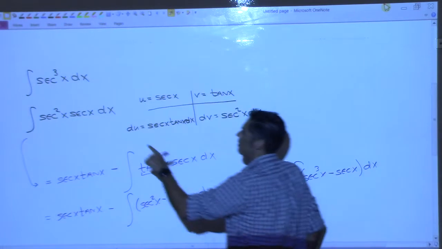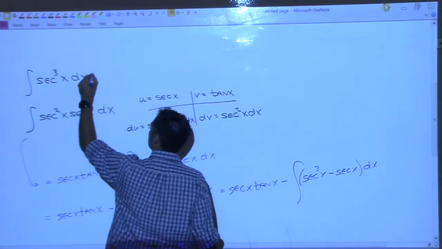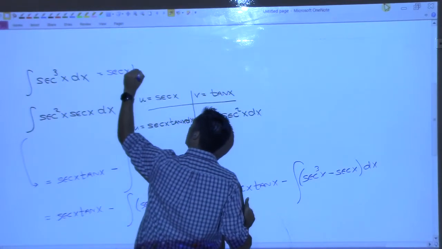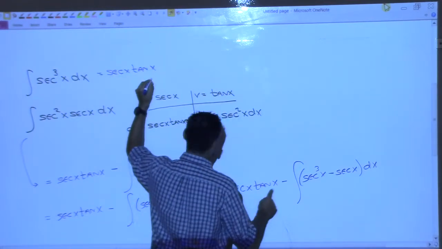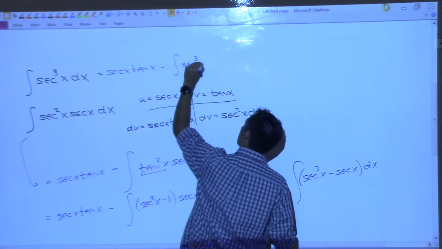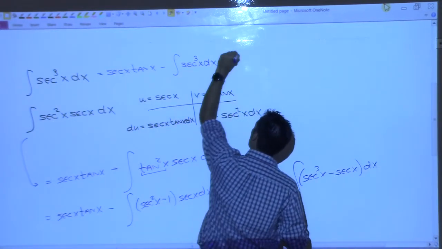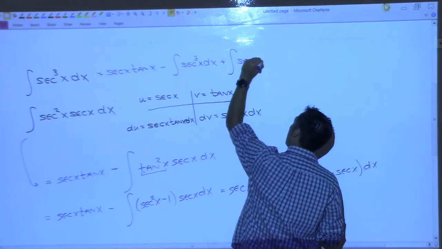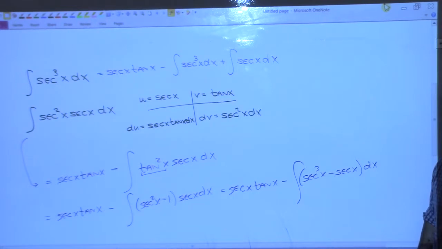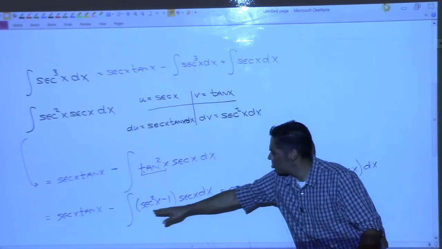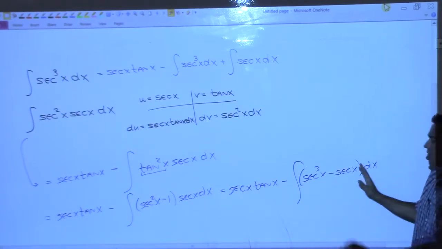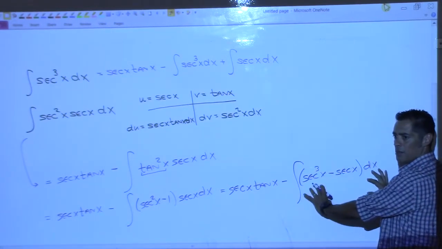Are we saying that the antiderivative of secant cubed dx is equal to secant x tangent x, watch this, minus integral secant cubed x dx plus integral secant x dx? Is that what we're saying is happening right now? Yes. That integral is equal to this minus that minus minus plus that. So I'm separating this into two integrals, right?